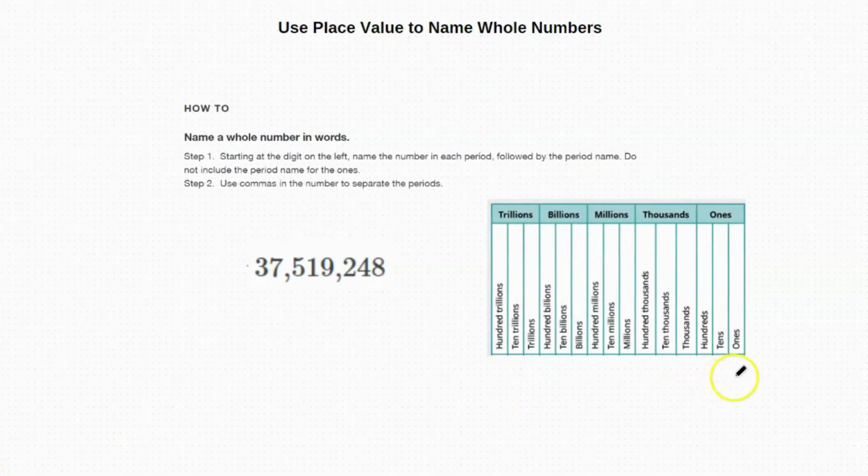Therefore it would look like this. So we have 8, 4, 2, 9, 1, 5, 7, 3.